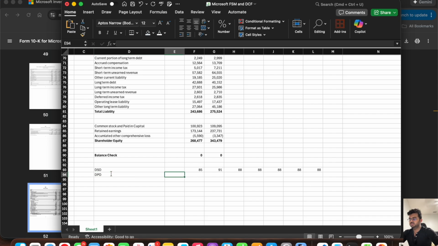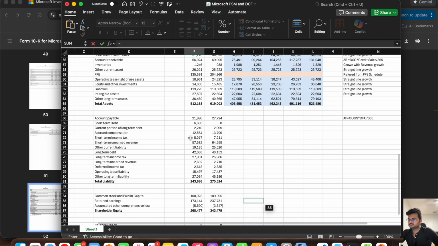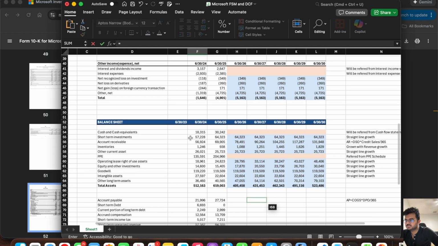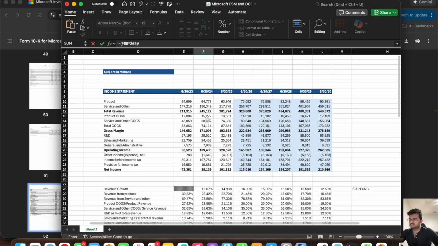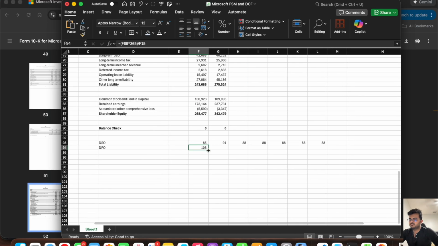So now the DPO is accounts payable here, times 365, divided by cost of goods sold, this number. Which means Microsoft is paying after approximately 108 days and 115 days in the last 2 years the cash which they are liable to pay to their vendors and suppliers.